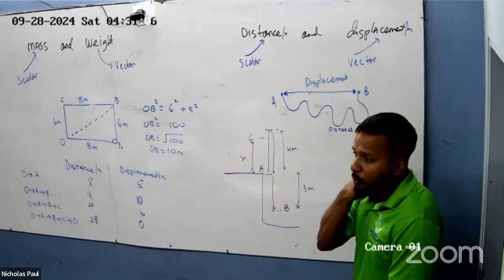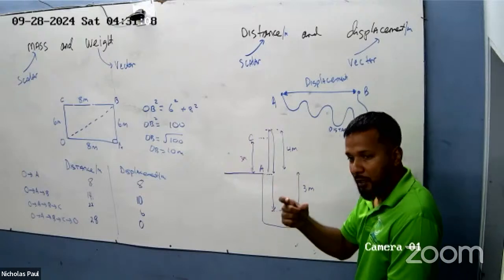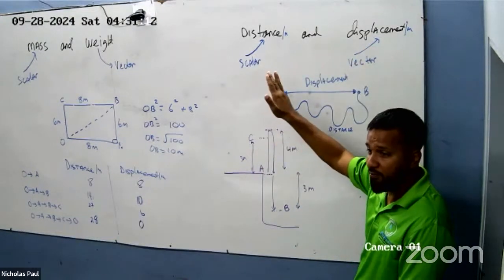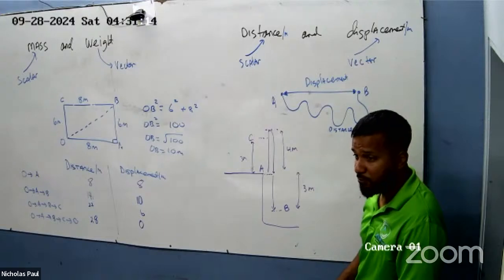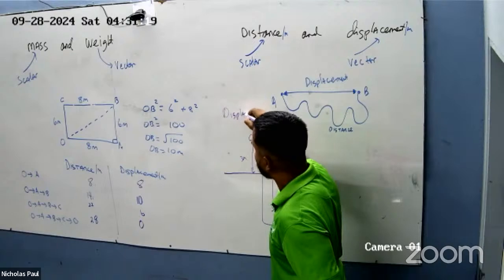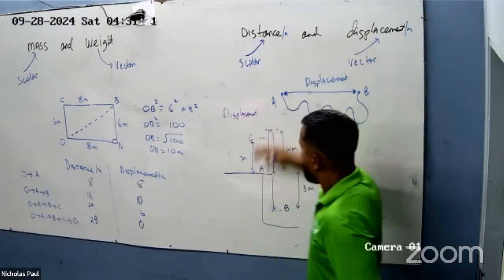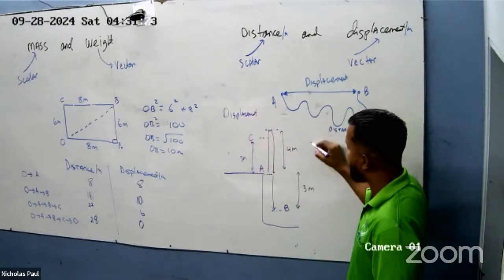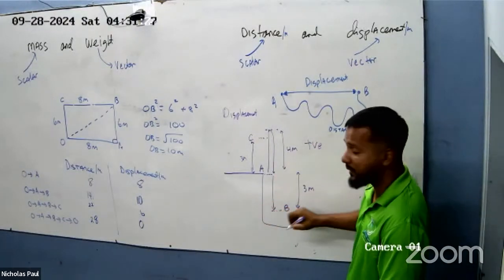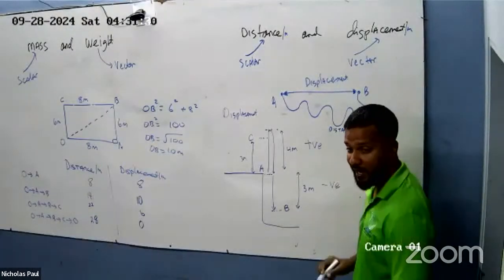What we do is we introduce something called a sign, because remember it's a vector quantity. So one direction positive, the next negative. For displacement, once you're on the same side as the start, it's positive. Once you go below, on the opposite side of where you start, it becomes negative.